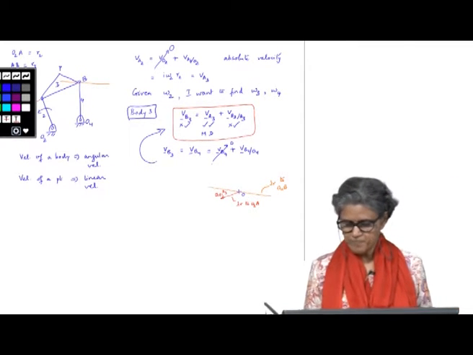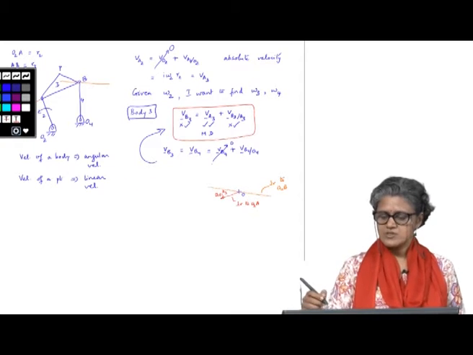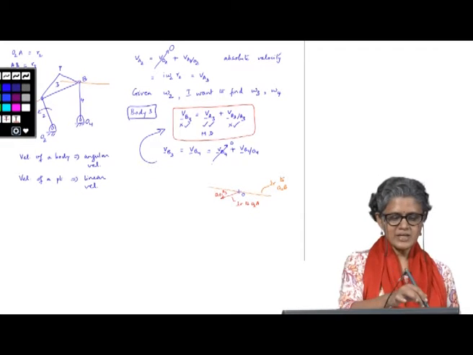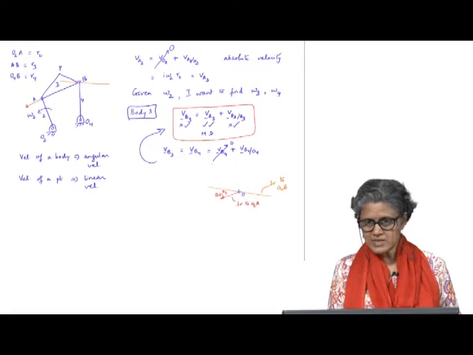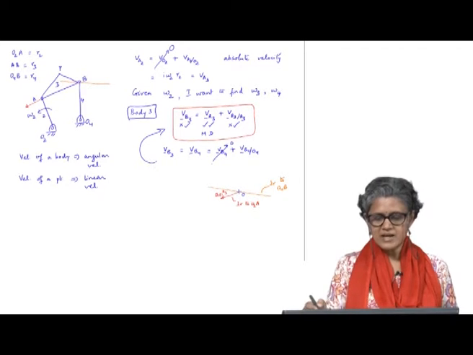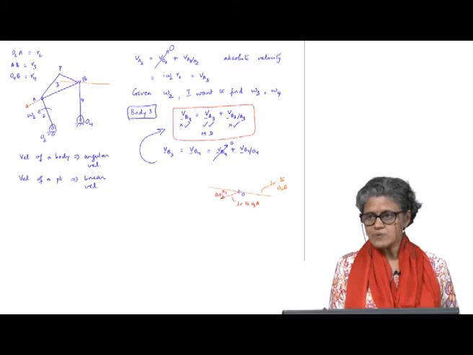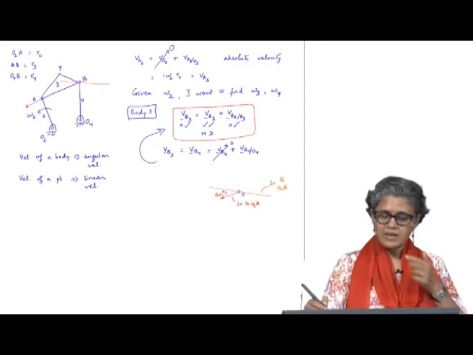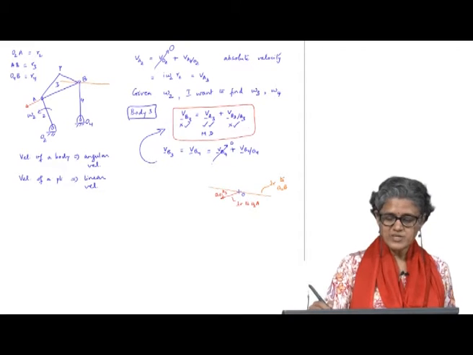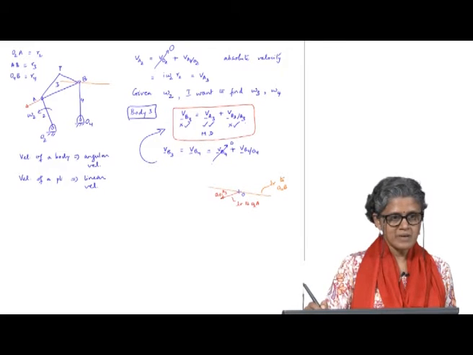Then the third one is, so I have to solve this equation. I need velocity of A on body 3 plus a relative velocity vector should be equal to velocity of B on body 3. Now this is a relative velocity for which I know the direction, again I do not know the magnitude.